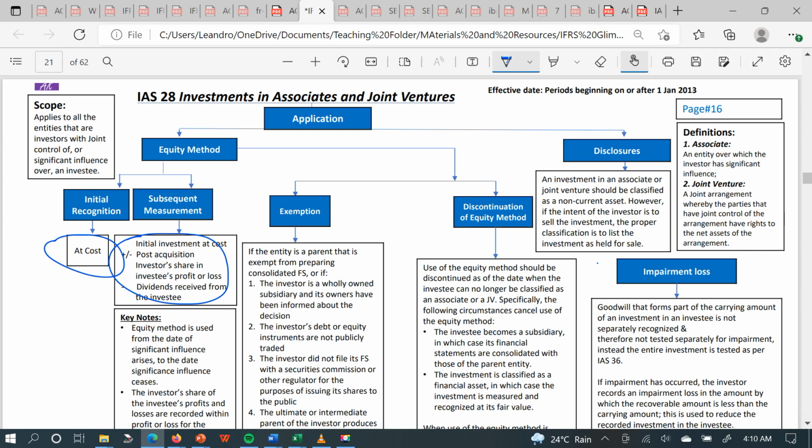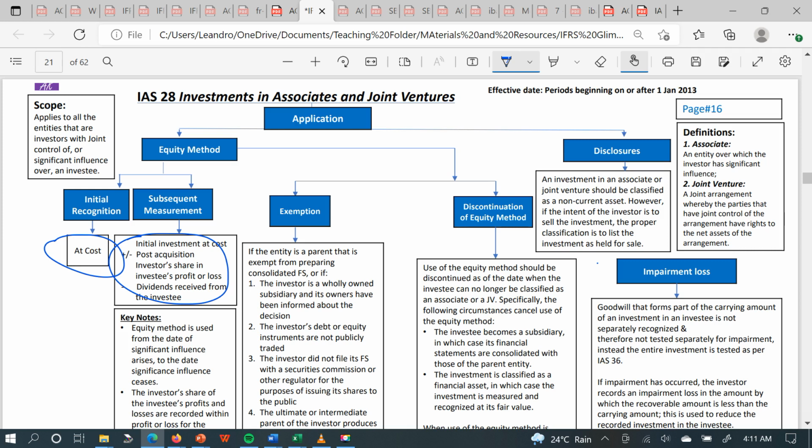There may be unrealized profit on the investment, you may deduct it. So we'll look at the detail, but in very simple terms, initially measure at cost and subsequently add or subtract the investor's share of post-acquisition profit or loss and deduct any distribution or dividend from the investment.